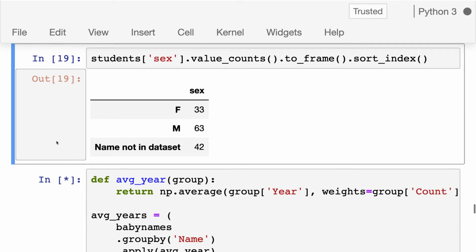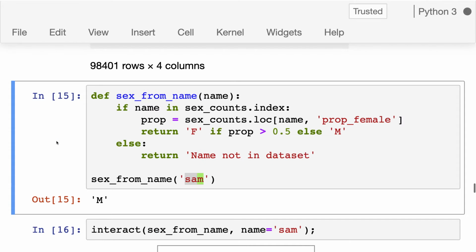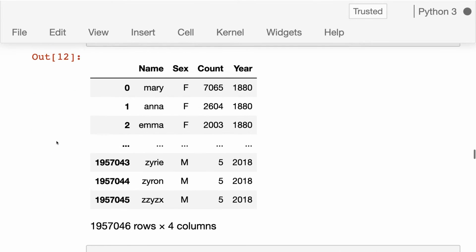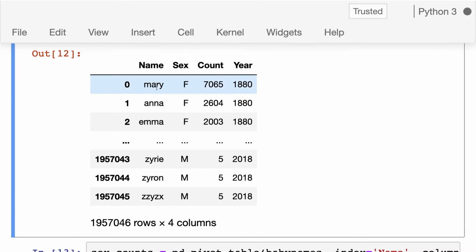Let's look at now, we know that in this table that we originally had, we had the name and the sex of the baby, the number of babies born, and the year. And with this year, we can do some other estimation.